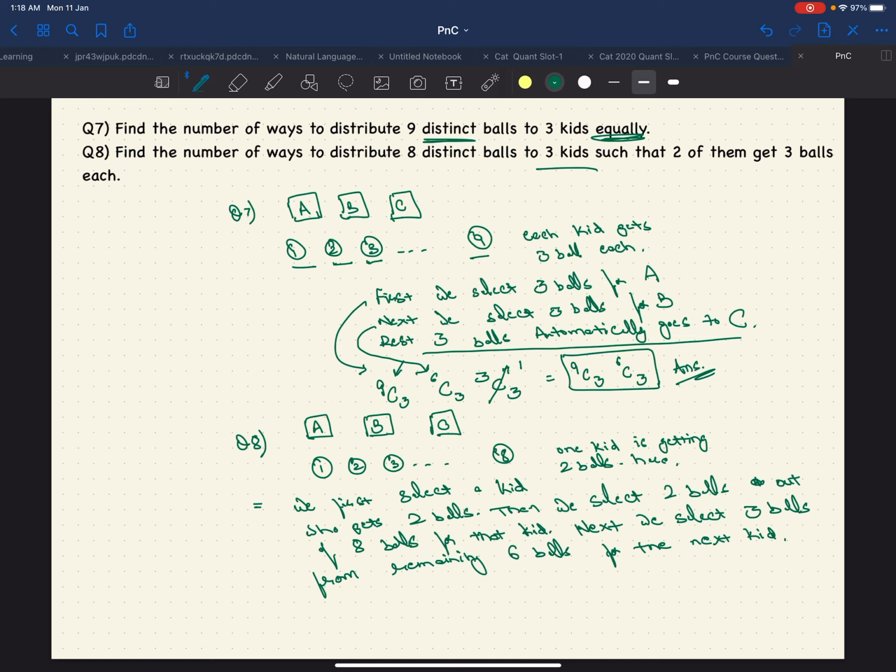Therefore, the total number of ways to distribute balls here is computed as 3C1, where we are selecting the kid who gets 2 balls, then we are selecting 2 balls for that kid, and finally we are selecting 3 balls for the next kid, and the last kid will automatically get the remaining balls. So this is the required answer here.